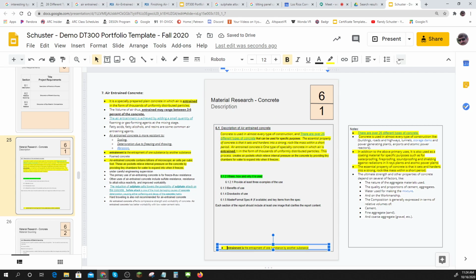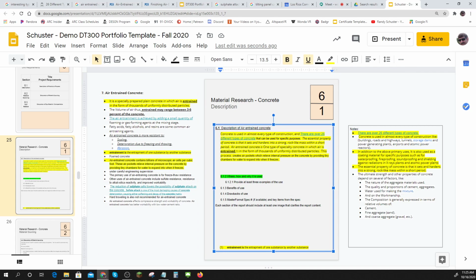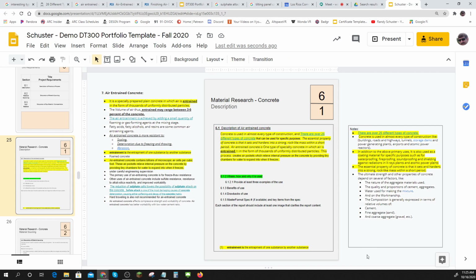And then down here, I want to get rid of those, and I want to just put a 1. So now somebody knows that. I just wanted to do a little extra work down here to show what I was talking about. Because if I didn't know what entrained really meant, I might want to let other people know without them having to go look it up. Okay, so there we go. That's a quick primer on how to create your first executive summary for research.